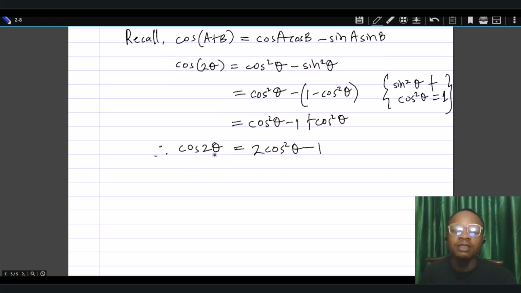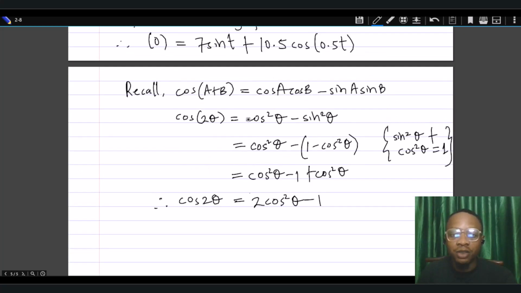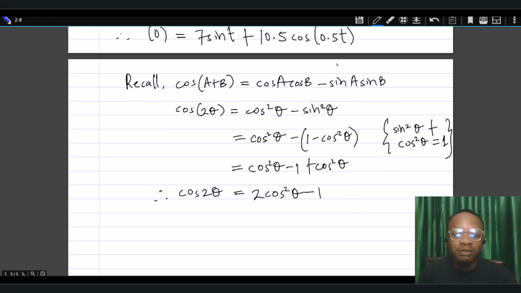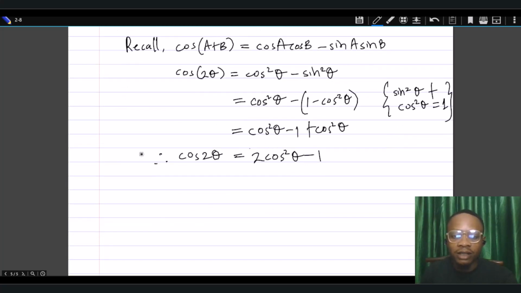If we have t over 2, 2 times t over 2, it will follow then that cos of 2 multiplied by 1 over 2t. I hope you understand that, because we have 2 here multiplied by theta. So we're replacing theta now by 1 over 2t.